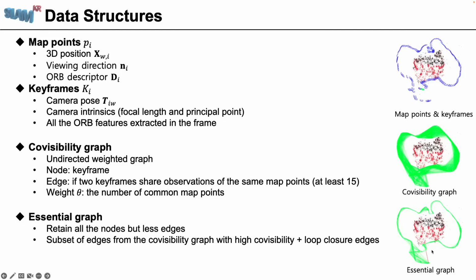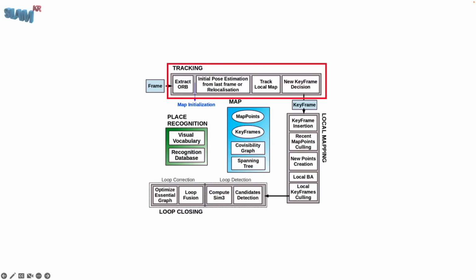You can see this sparser subset of the co-visibility graph representation here. So that's the essential graph. Those are the data structures in ORB SLAM. Back to the flowchart, I'm going to introduce the tracking part first.